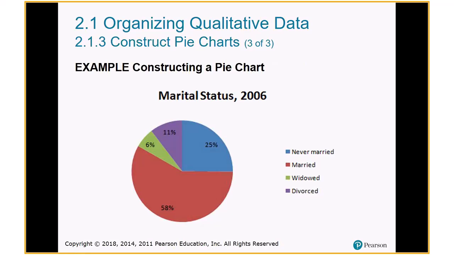How many people were married? 58 people. You take the 0.58 and multiply it by 100. If it was 1,200, you take the 0.58 and multiply it by 1,200. That's why the total drives everything. Okay? The total drives everything.